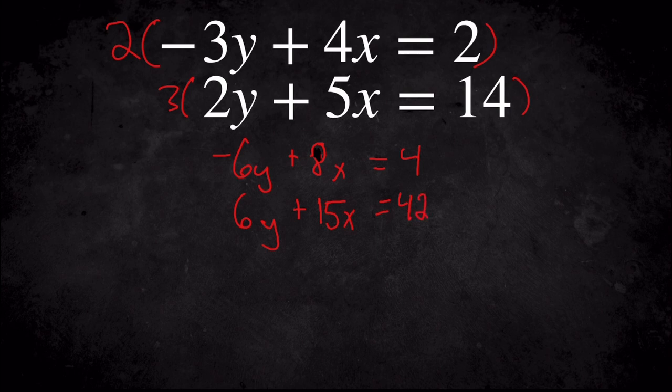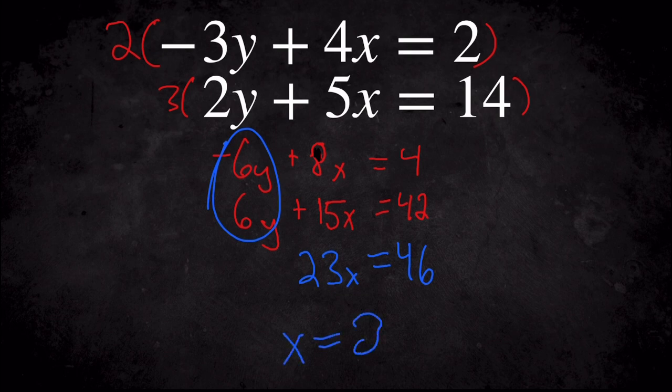Now the y terms will become 0 when we combine. And 8x plus 15x would become 23x, and that would equal 4 plus 42, which equals 46. Now divide both sides by 23. x would equal 2.